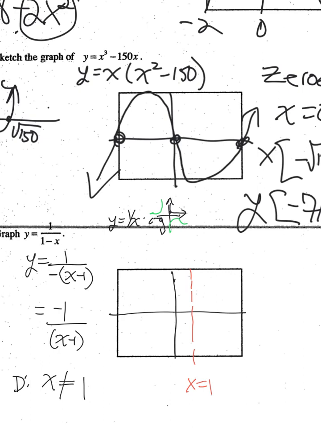And then I'm going to do a mapping with this. That mapping would take any point x, y on the original over to the point x plus 1, because I'm shifting it 1 to the right, negative y. So the point that was on the graph 1, 1 is going to become the point x is 2, y is negative 1.